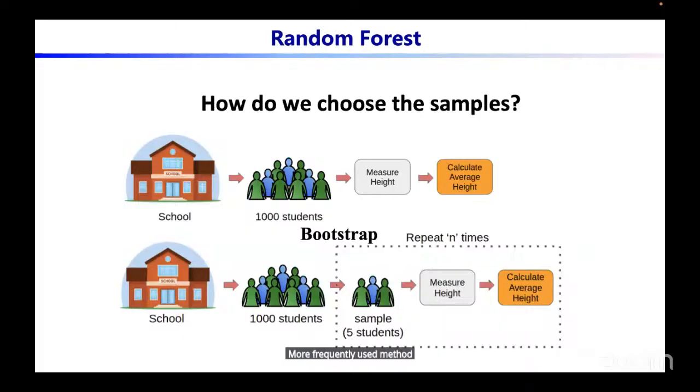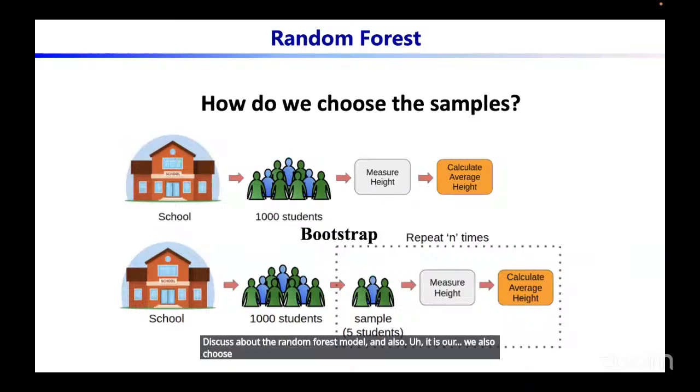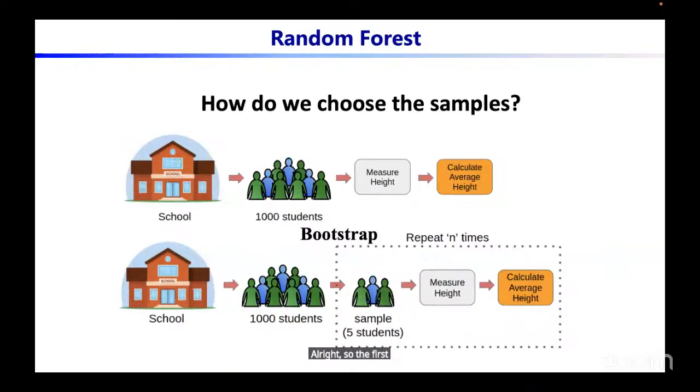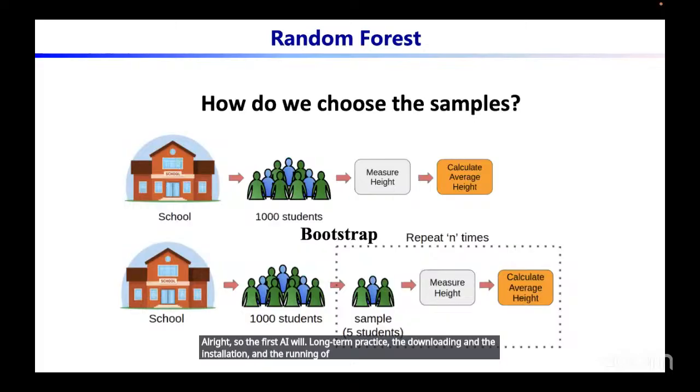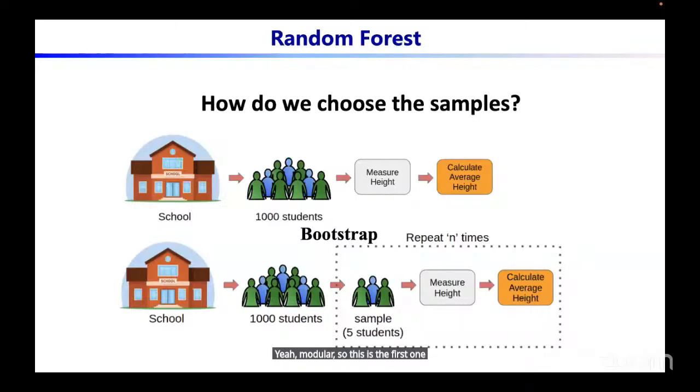So that's why we want to devote some time today to discuss the random forest model. And also, we choose this model as the first AI we want to practice the downloading and the installation and the running of the AI model. So this is the first one. So starting from tomorrow, okay.